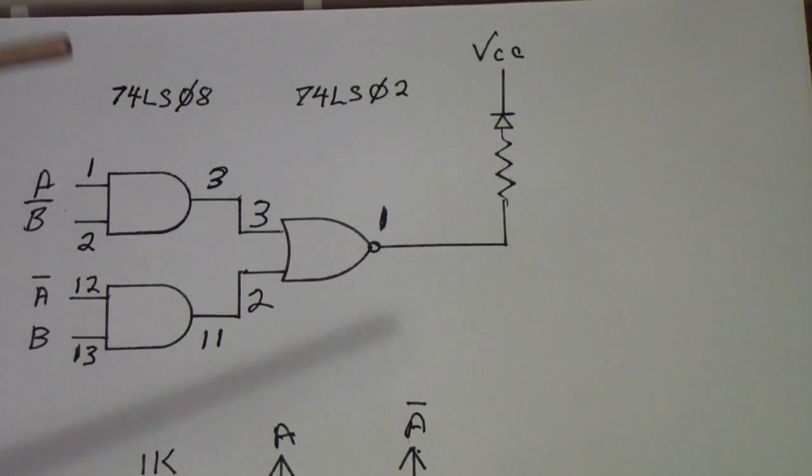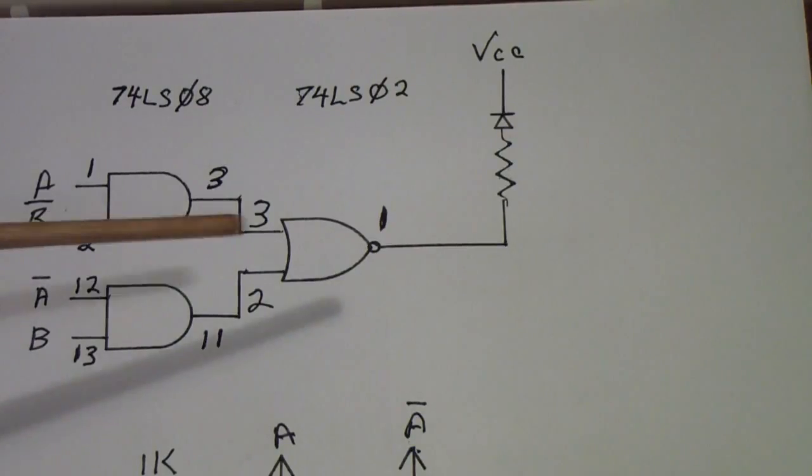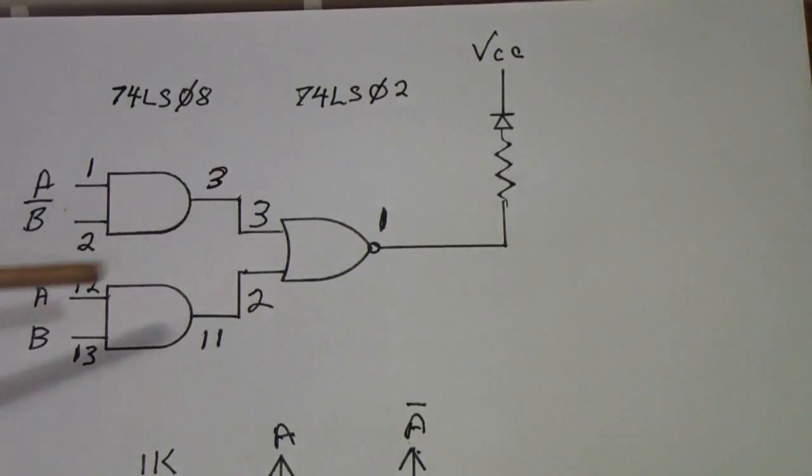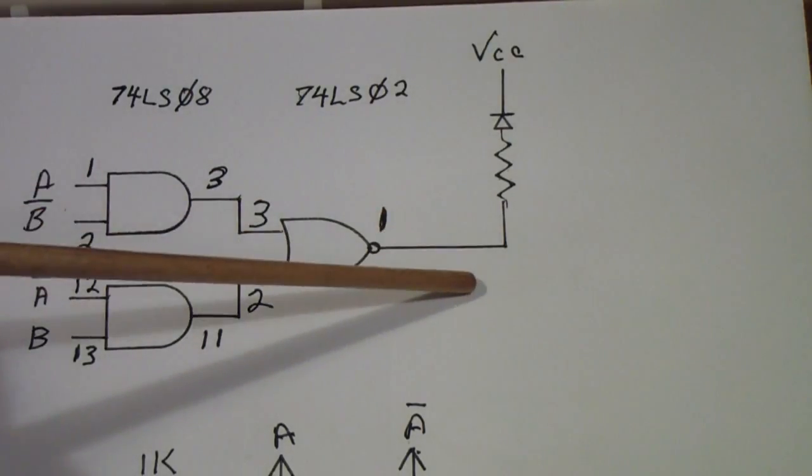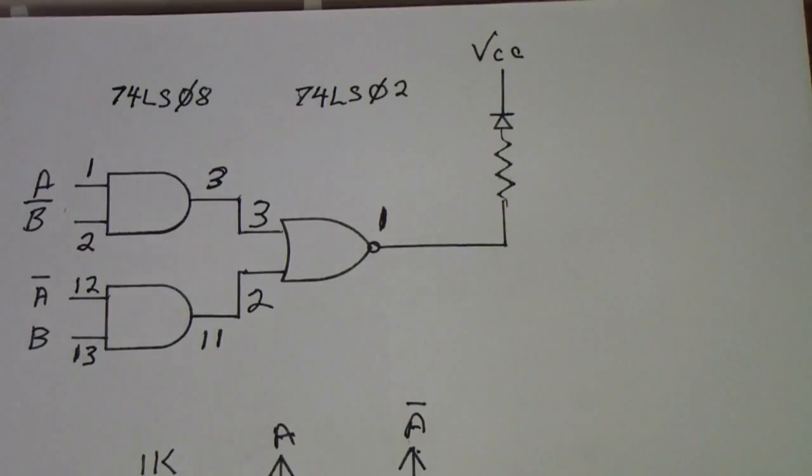I misspoke. I said even parity. It's an odd parity detector. In other words, if one of these is a 1, then it detects that. If both of them are 0 or both of them are 1, in other words, they're the same, then it shows no output.